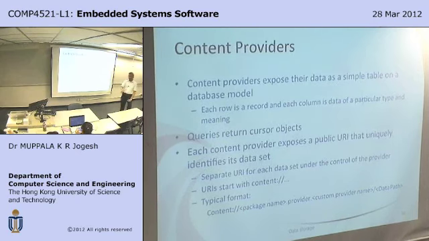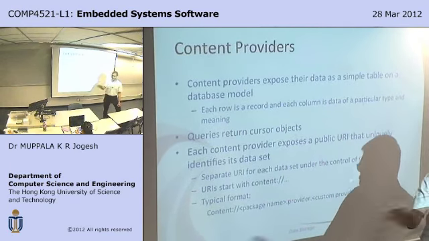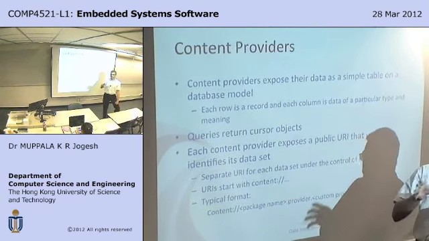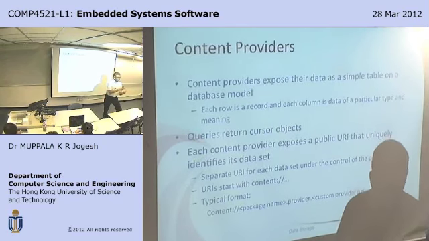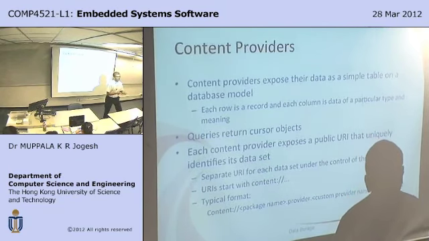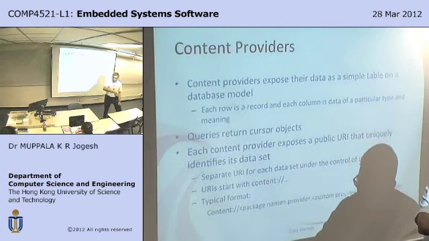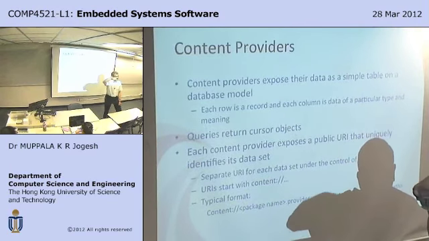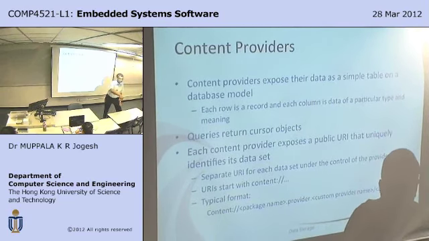For example, a content provider that stores contact information for all the people might expose one URI that will only return the name and the phone number of the person. That may be sufficient for a phone application. On the other hand, if you are using a maps application that wants to pinpoint the location of the user on a map, you may want the address of the user.